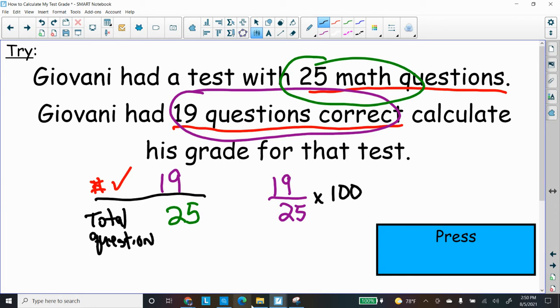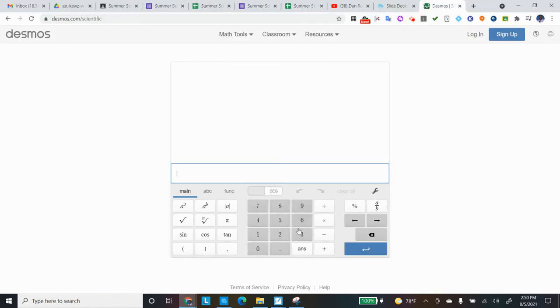And let me get my calculator to deal with this. So go to decimals. And I have my fraction, 19 on my numerator, 19 questions you had correct, and 25 is the total number of questions. And let me move over. I'm going to multiply that by 100.